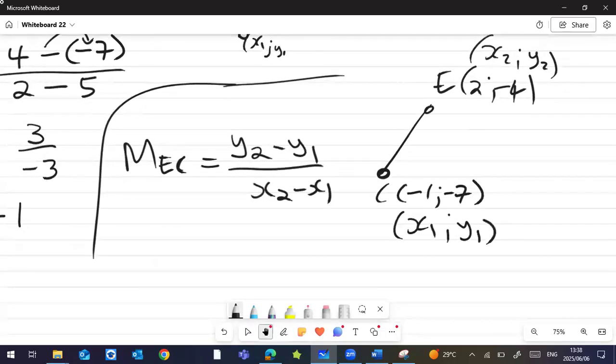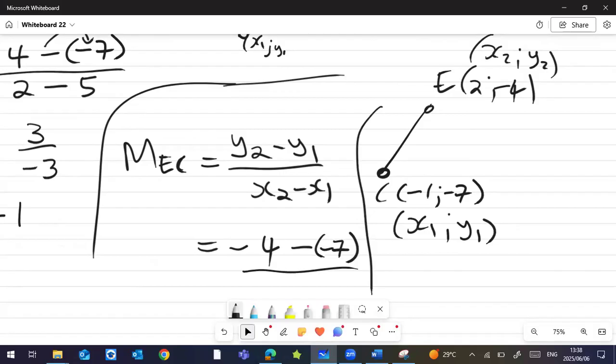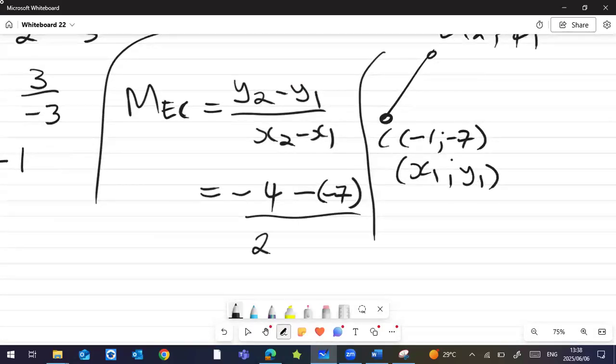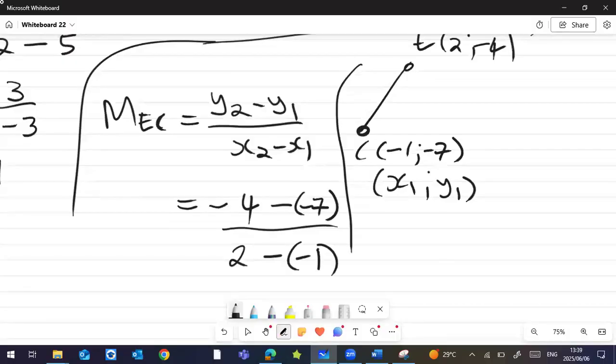We substitute y2, which is minus 4, minus y1, which is minus 7, over x2, which is 2, minus x1, which is minus 1.